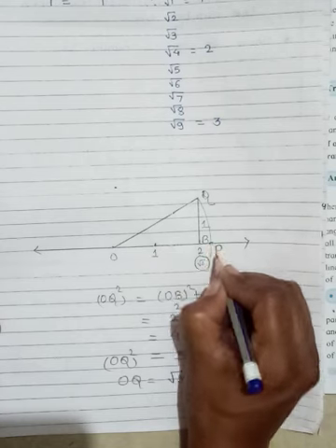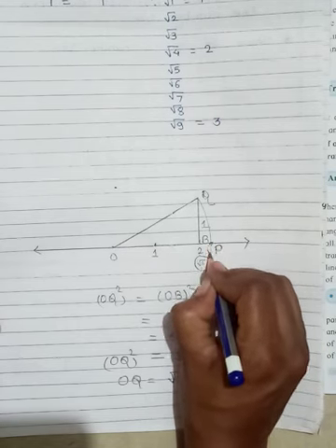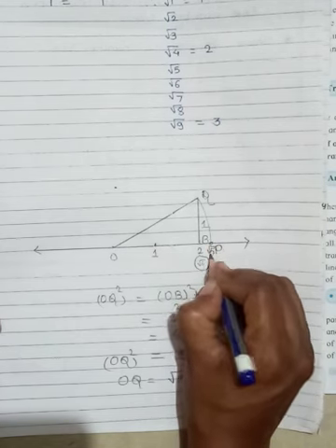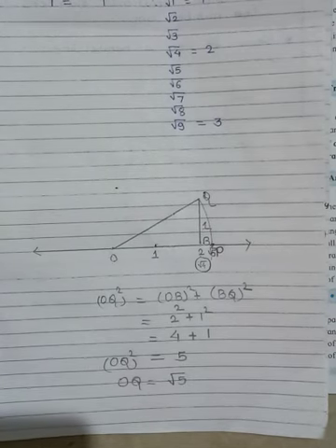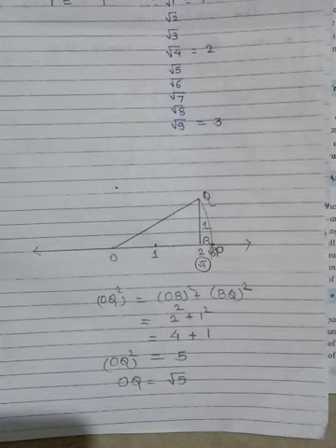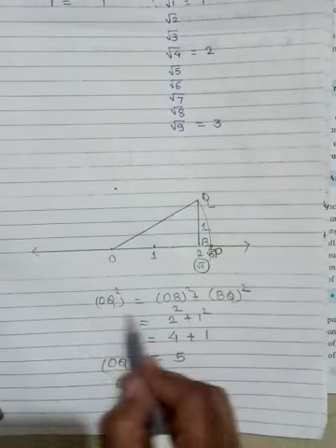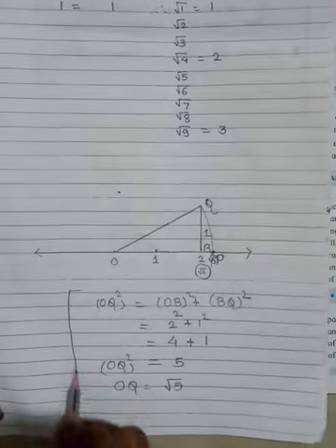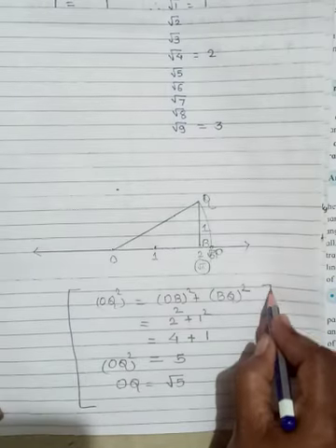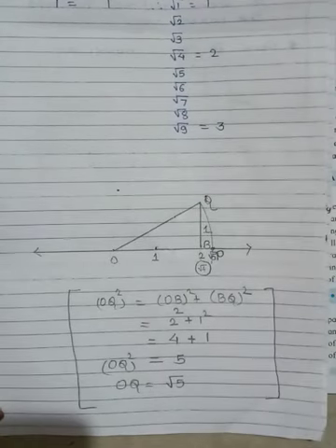So point P denotes the distance root 5. In this example, this explanation is not needed while solving the exercise.